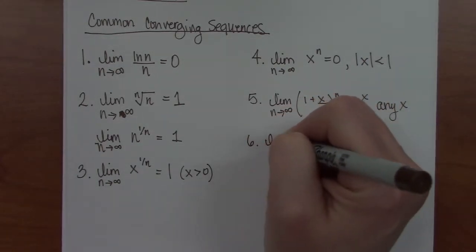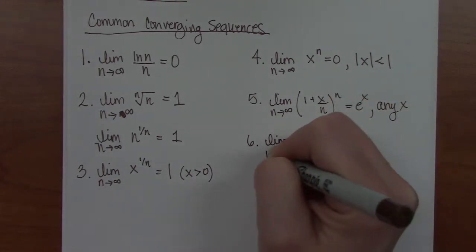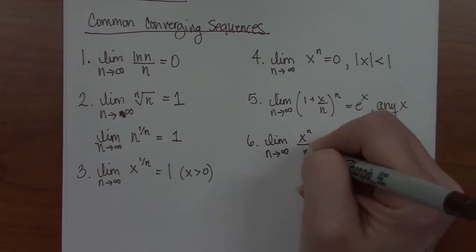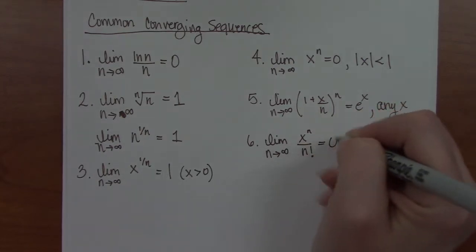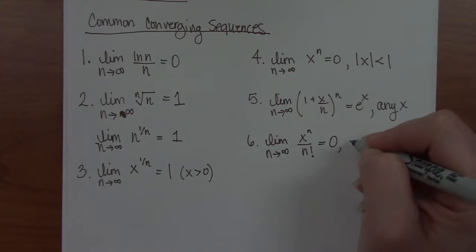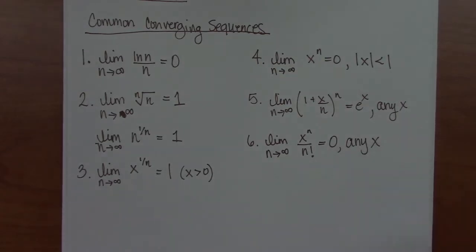The last one, we also just proved at the end of class last week, right? And this is true because we know factorials dominate exponentials. So if we put the factorial in the denominator and the exponential in the numerator, everything will go to 0, and this is also true for any x.